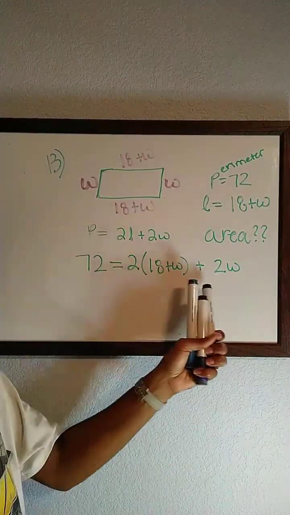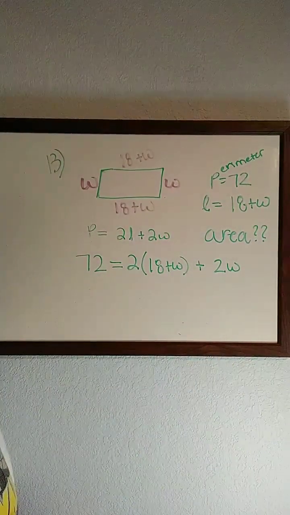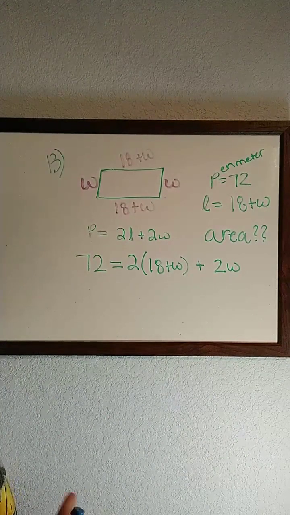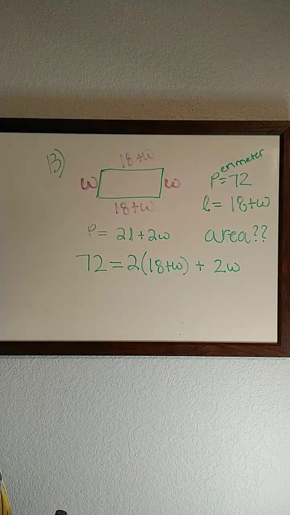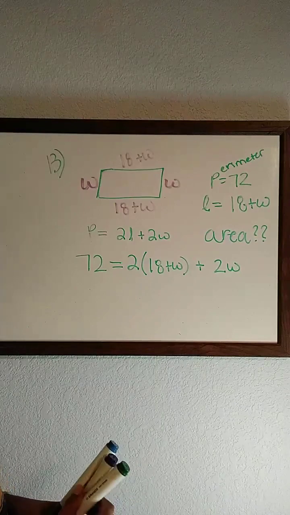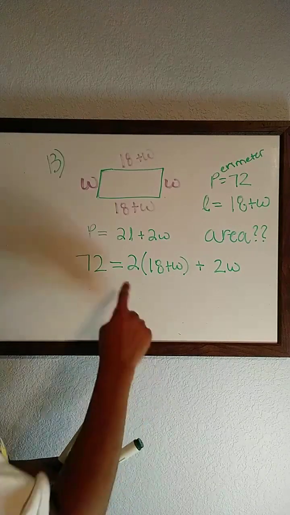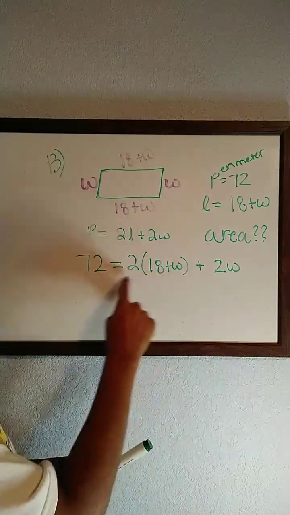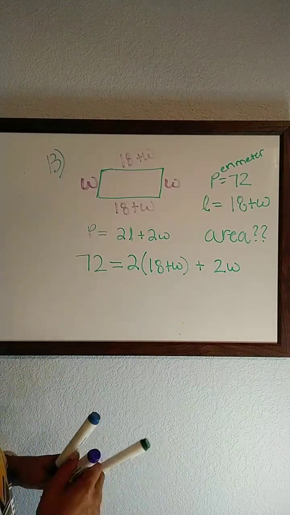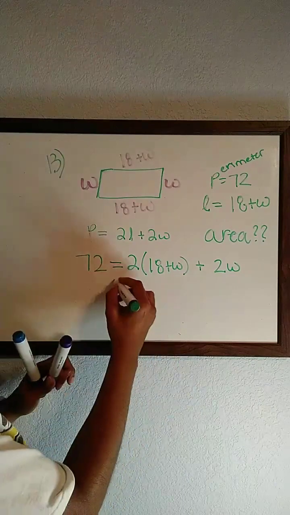So now you would solve this. What am I solving for? What am I trying to find? The width. And how would I do that? Try to get W by itself. First thing I need to do is solve in parentheses.